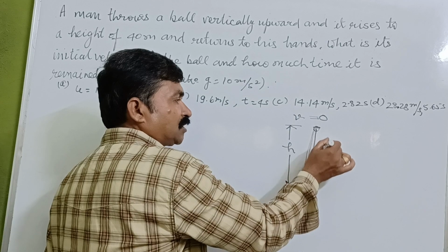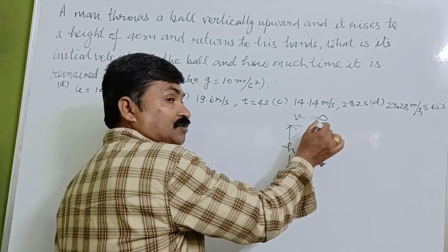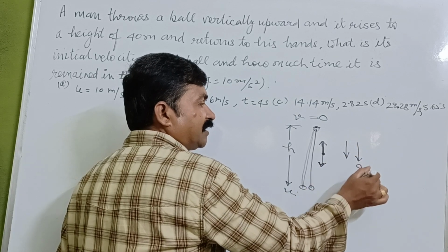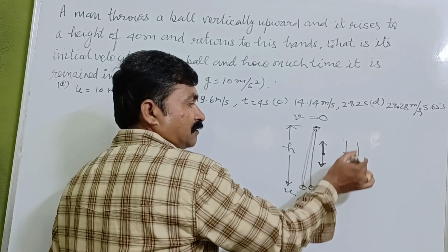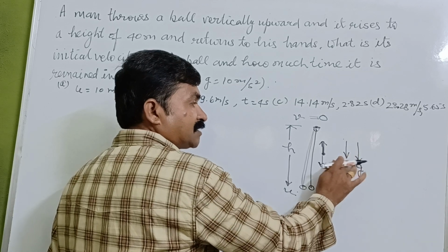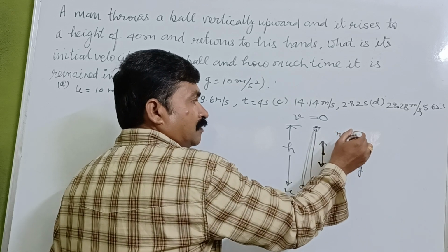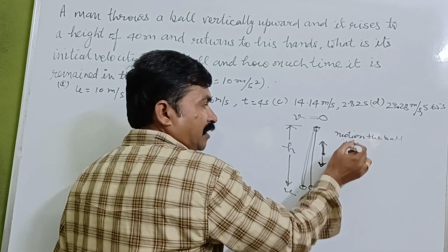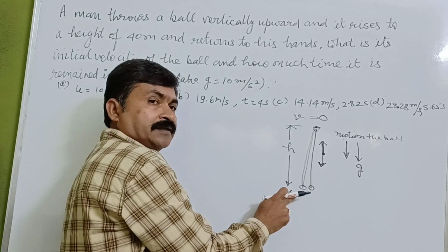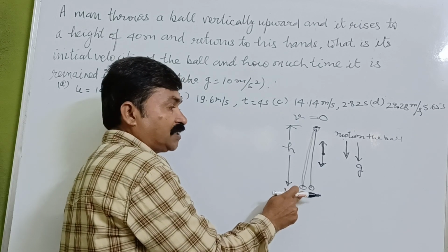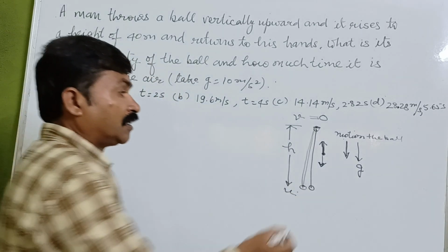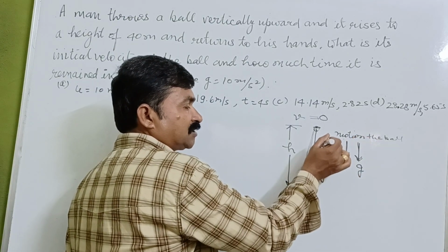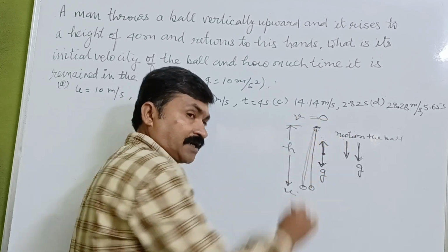When it reaches up to this point, after that the ball comes down, towards the hands of the thrower, and the acceleration due to gravity is also acting in this direction, while in the upward motion the ball is moving in the upward direction.